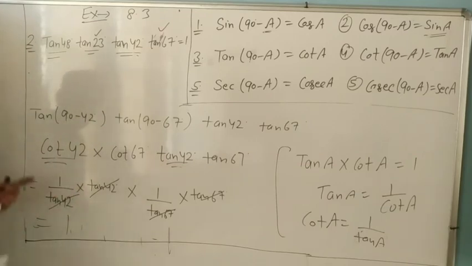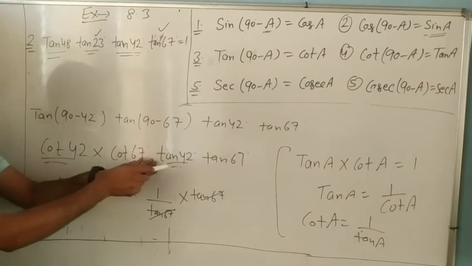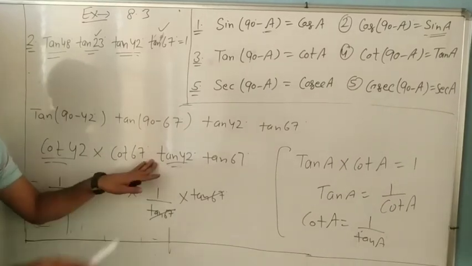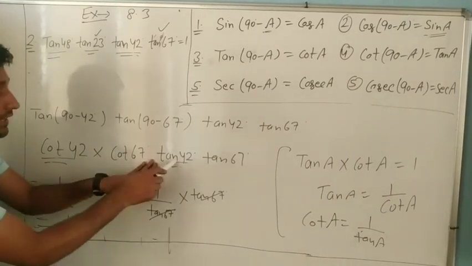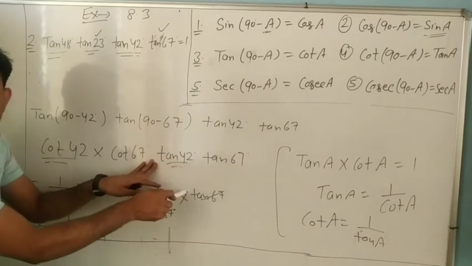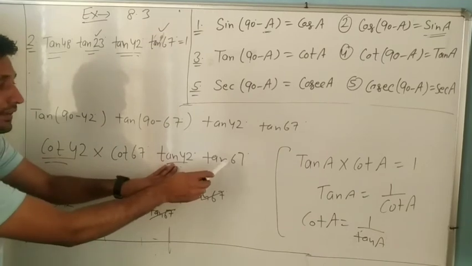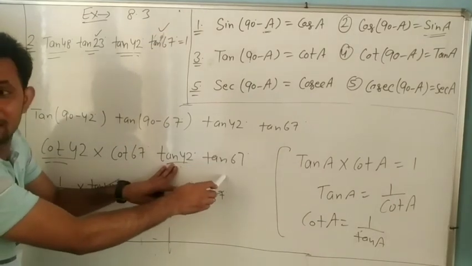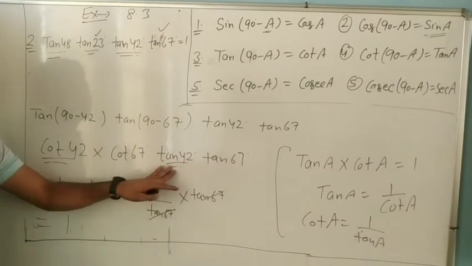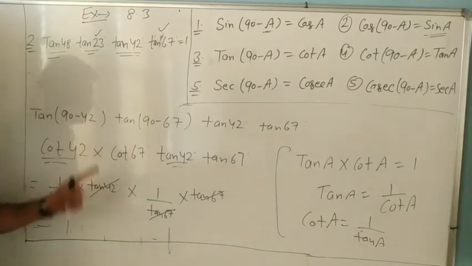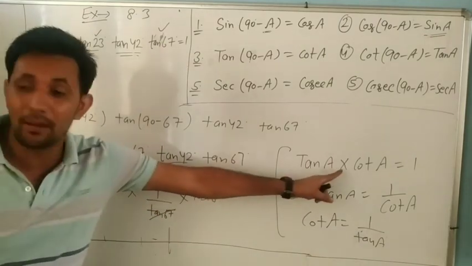You can change cot, you can change tan also. Tan 42, tan is the opposite of cot. So it is 1 by cot 42. Cot 42, cot 42 cancel. It is what you can write, 1 upon cot 67. Cot 67 cancel cot 67. Solve it. Okay.